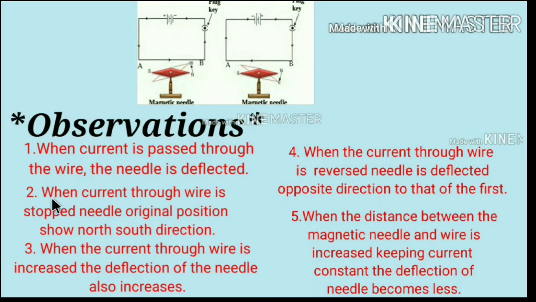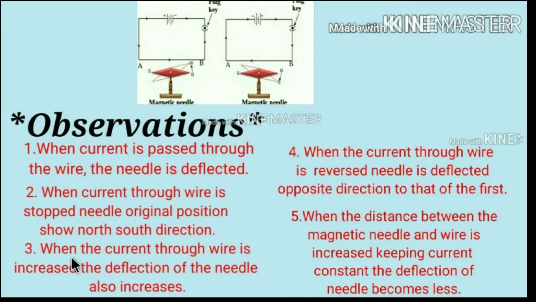Second, when current through the wire is stopped, the needle returns to its original north-south position, because AB no longer shows the magnetic effect.